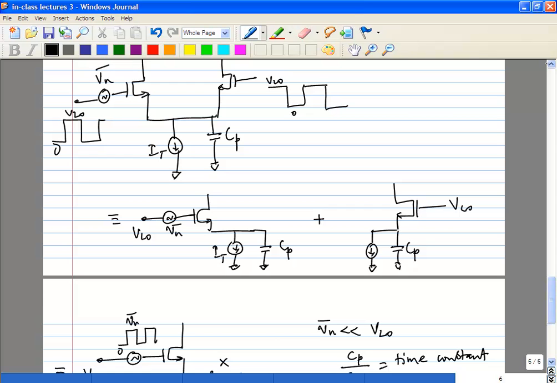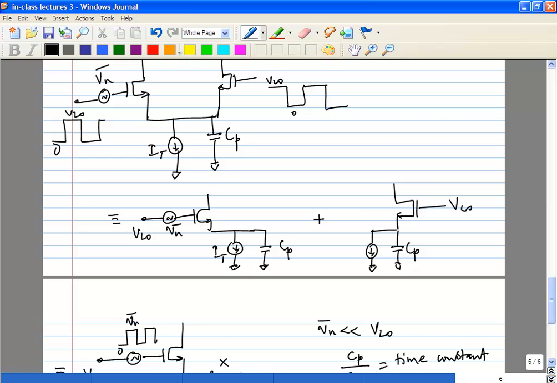So you understood this first half cycle, it looks like this, second half cycle, it looks like this. If you want to replace the whole thing by a single circuit, the only difference between these two is Vn, assuming that the transistors are identical. Vn has some time domain response, some noise in the time domain.